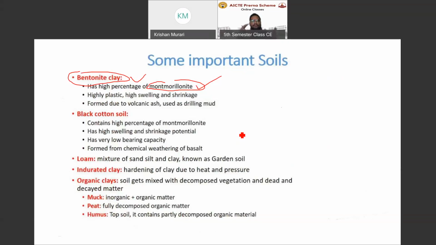Whenever we add water, the soil swells to about 2 to 3 times its initial volume. And when the soil is dried, the soil shrinks.